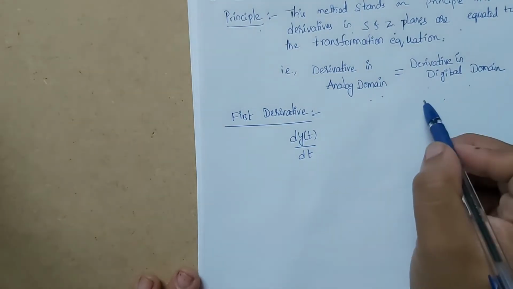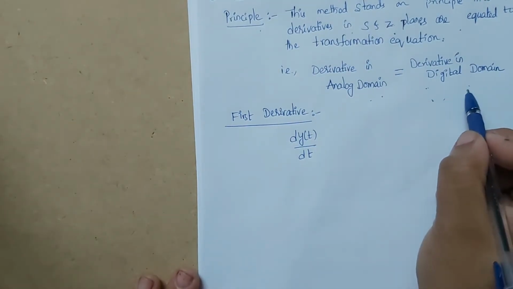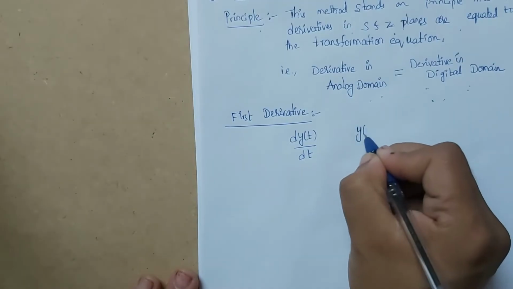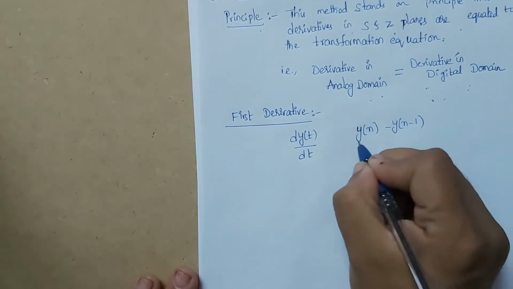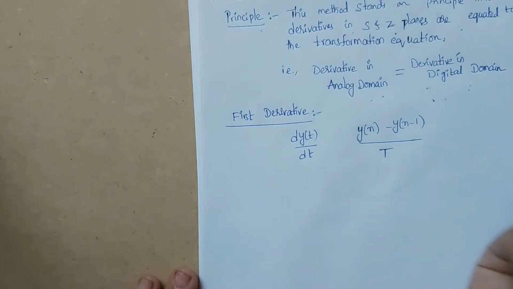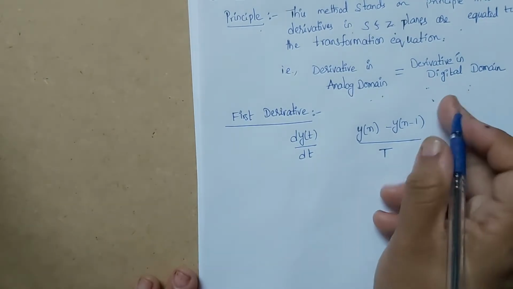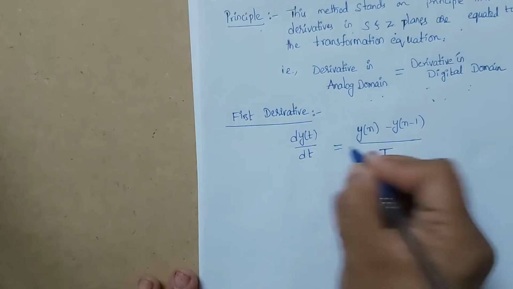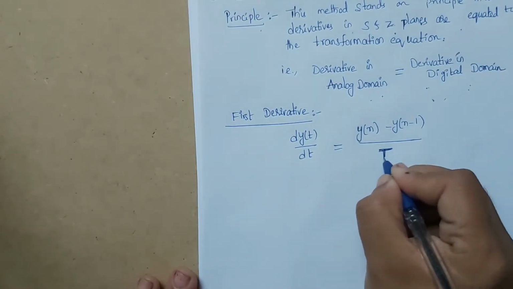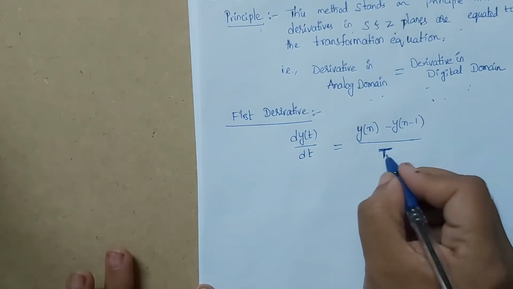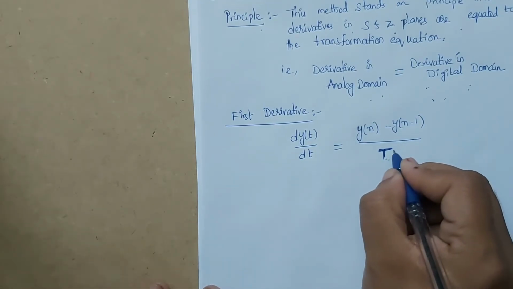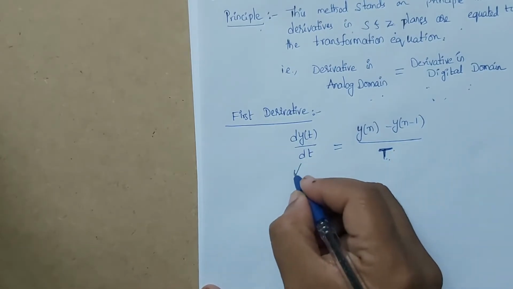The first derivative in the digital domain we can write as y of n minus y of n minus 1, divided by t. As this is the digital domain, it requires the sampling period t, or time. We represent it like this.